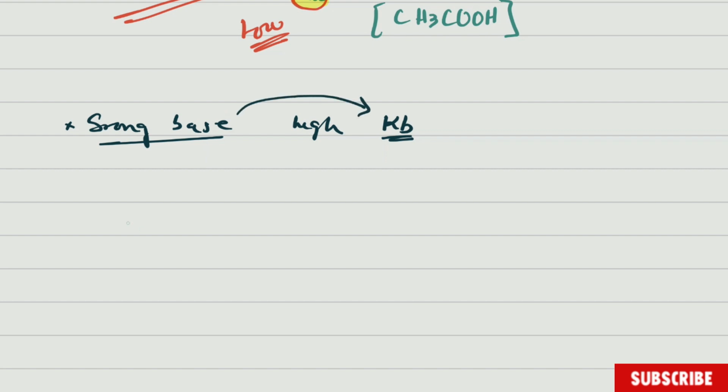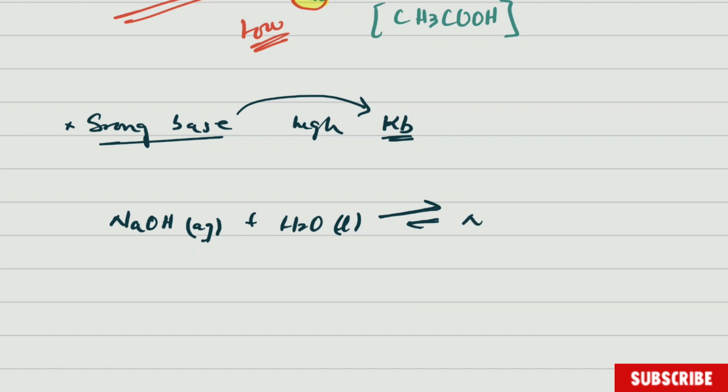And let's see one example. If we have sodium hydroxide, NaOH, in aqueous solution, it will dissociate in water. The equilibrium will be shifted to the right because sodium hydroxide is a strong base.